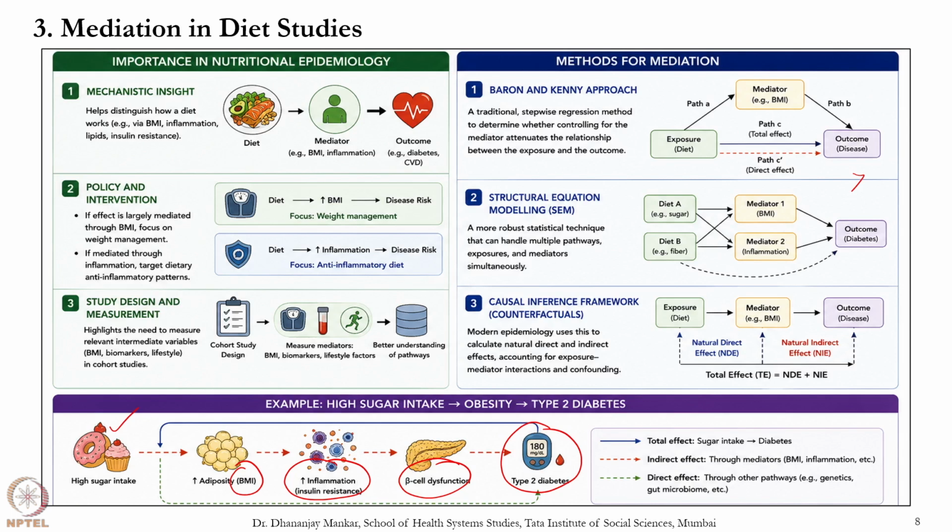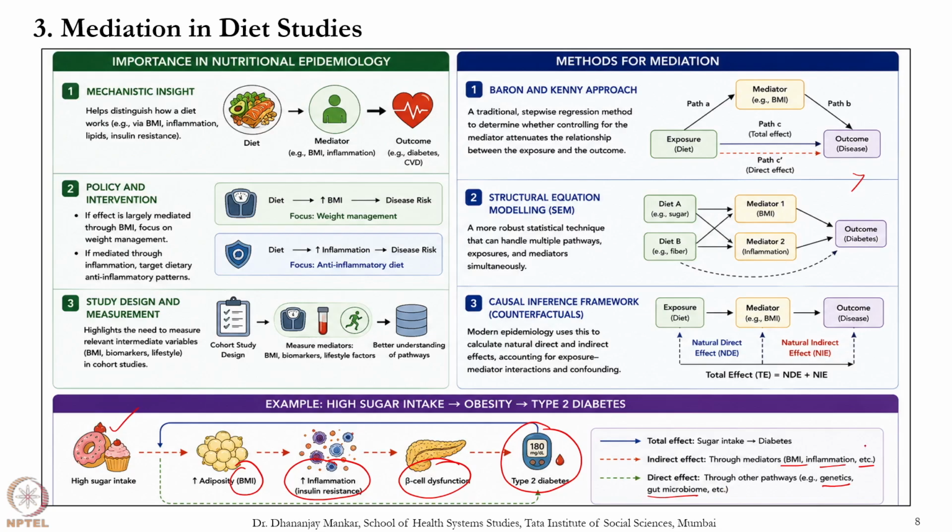So what is the total effect here? The total effect is sugar intake leading to diabetes. What is the indirect effect? It is through mediators like BMI, which can be seen as a measurement, and the direct effect is through other pathways that can be genetic or gut microbiome, which directly reflect that you will be prone to diabetes.